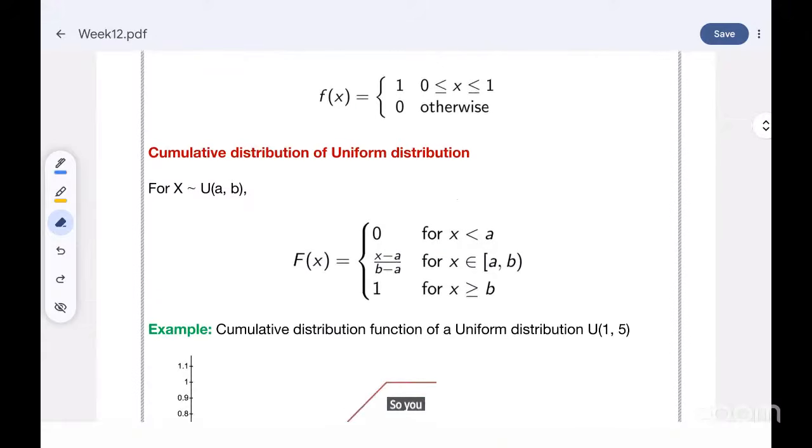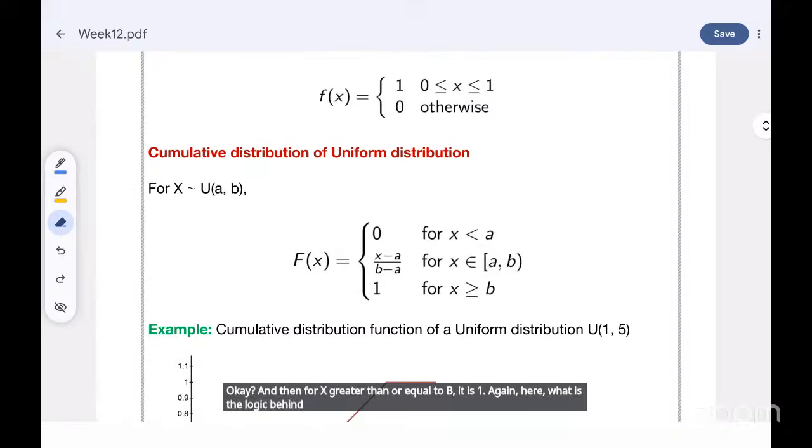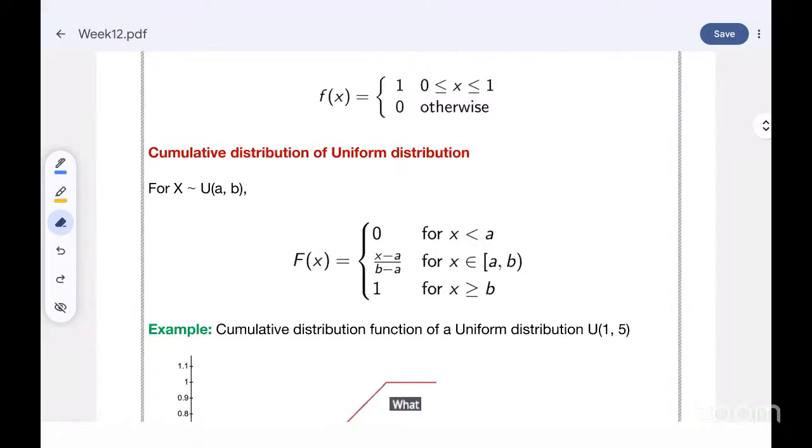Now, what is the cumulative distribution function for a uniform distribution? You see that for the cumulative distribution, F of x is 0 for x less than a, and for x between a and b, it takes x minus a by b minus a. And then for x greater than or equal to b, it is 1. What is the logic behind this?